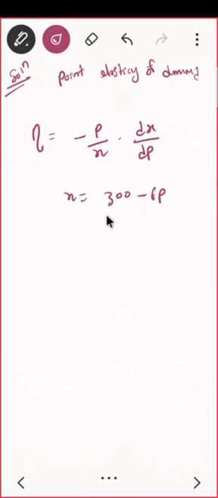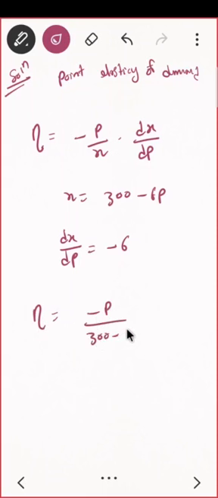So dx by dp will be minus 6. Putting it in, nu equals minus p upon 300 minus 6p multiplied by minus 6.